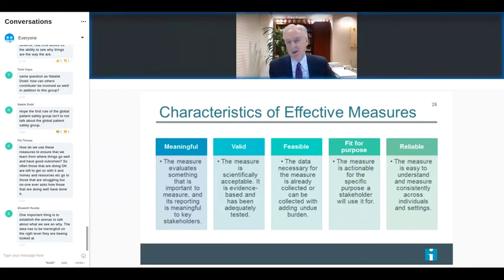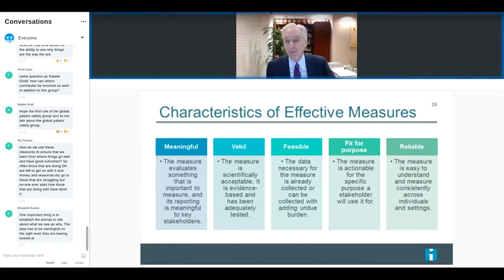Feasible. We could set out to measure all kinds of things, but if we can't actually collect the information on a close to real-time proactive basis, then I think we're talking about workarounds, data that does not really reflect what it is we need to measure, and a very heavy burden on the people we depend on for collecting and analyzing the information.